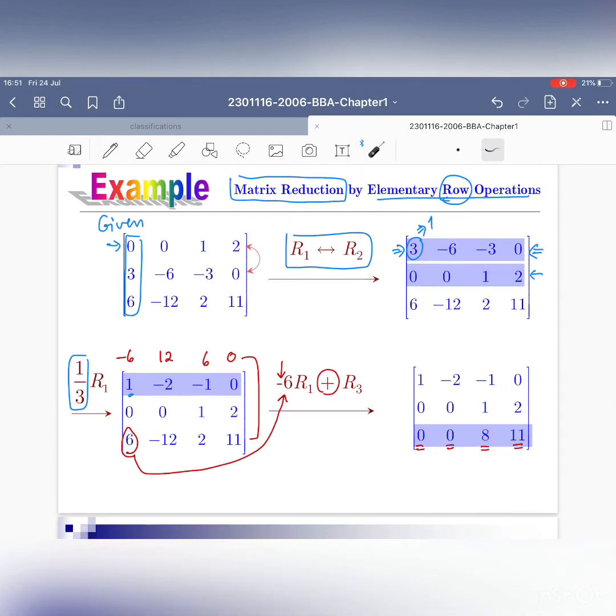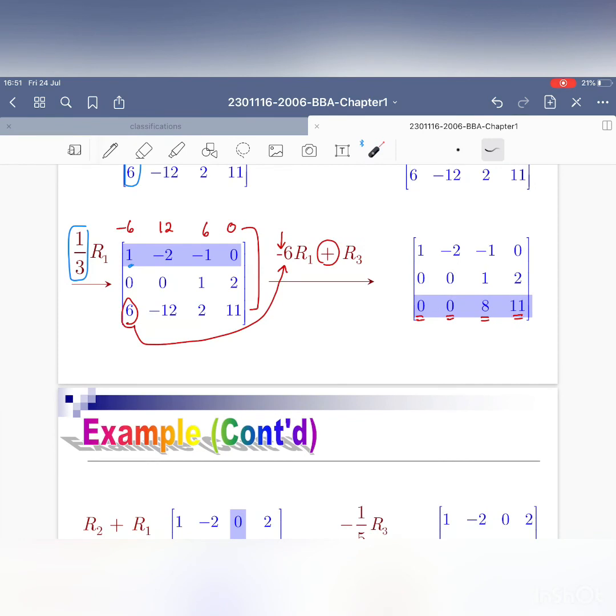So how are we going to get rid of -1? We are going to change your R1 into R1 plus, I'm sorry, not -1, the opposite number of -1, which is 1 times R2.